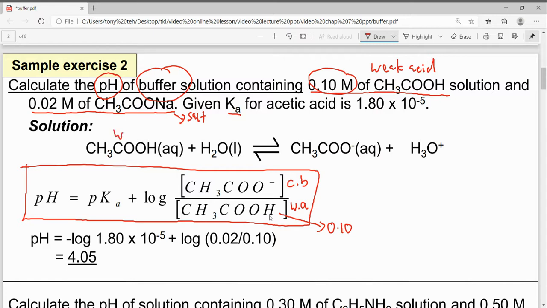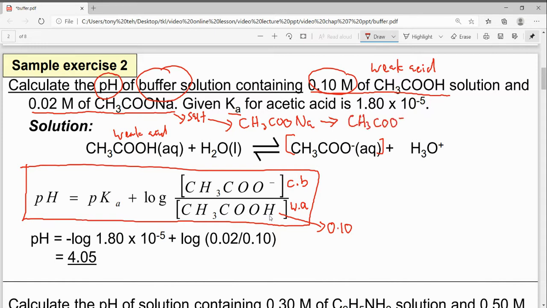If a weak acid dissociates only a little, the concentration of CH3COO minus from the weak acid is actually very little. In the buffer solution, CH3COONa is a salt, and salts completely dissociate.